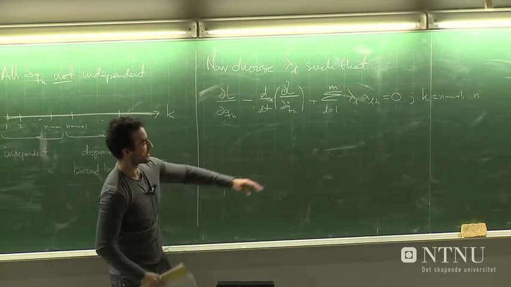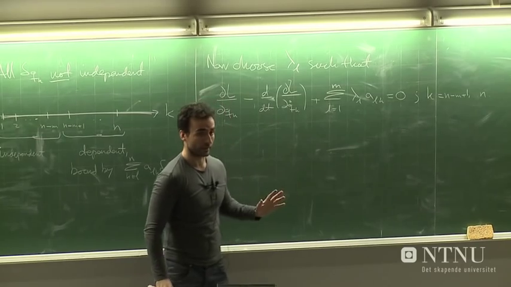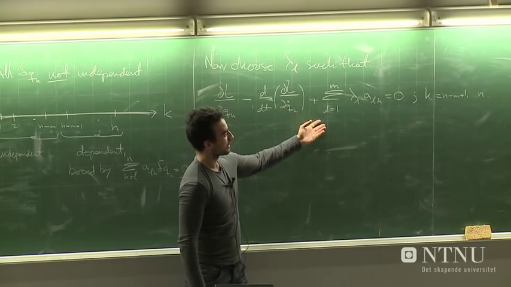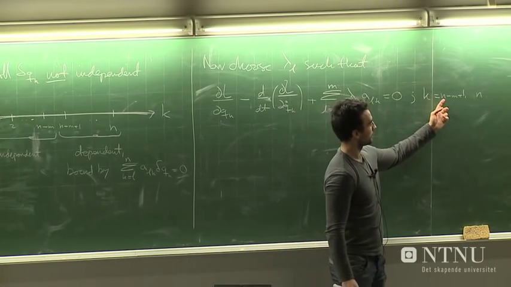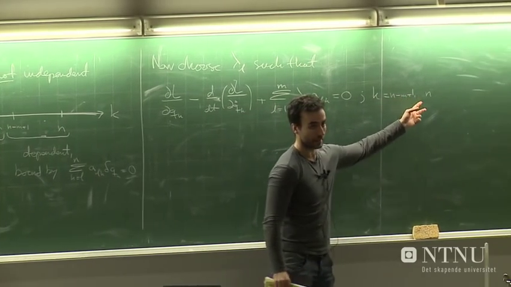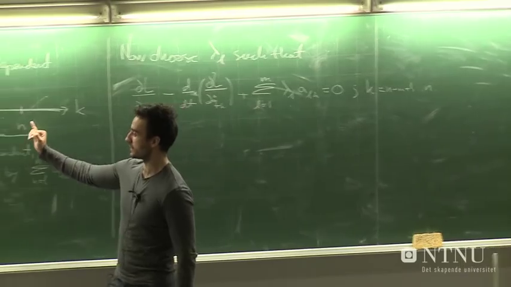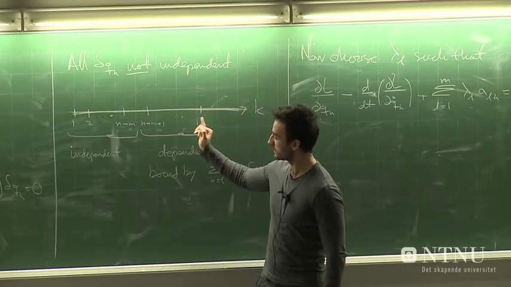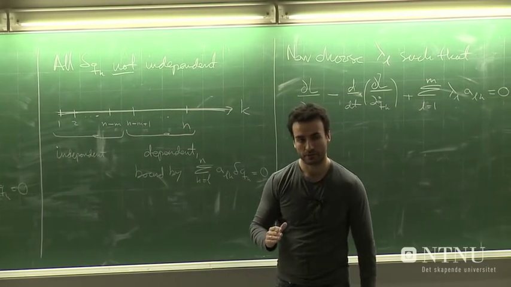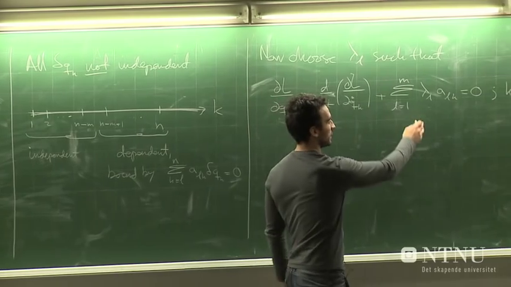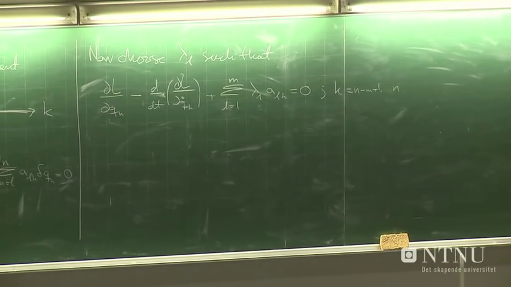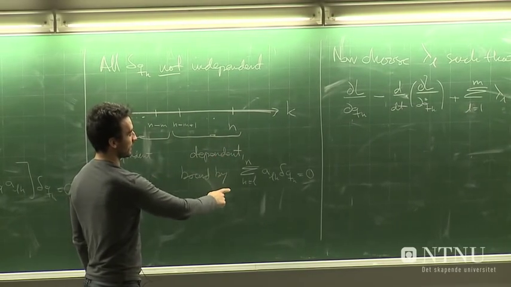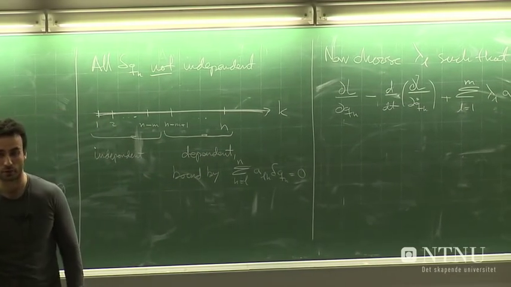Let's choose these Lagrange multipliers λ so that this equation is satisfied for all k from n minus m plus 1 up to n, in other words, in this regime, so that this equation is satisfied for all of these dependent generalized coordinates.